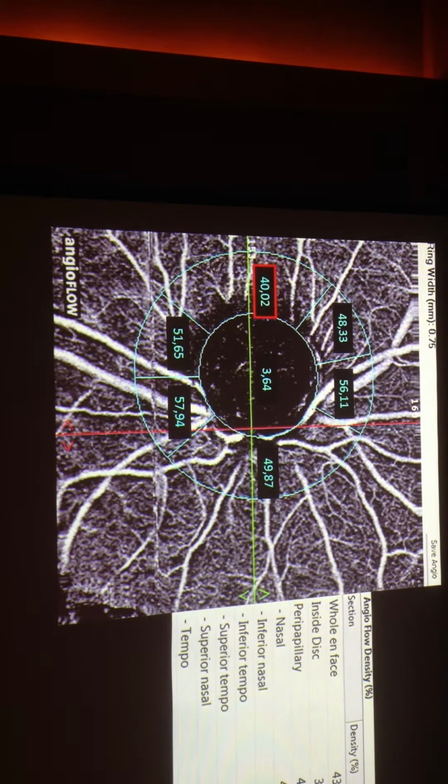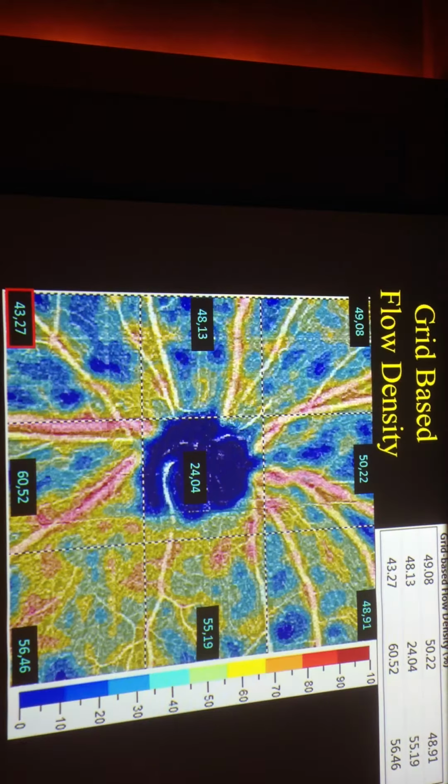And another step of the software was to use this grid. It was the same thing, this grid based on the macular analysis. But if we center the disc in the center of the square, we can have some analysis of these indexes in these different quadrants.